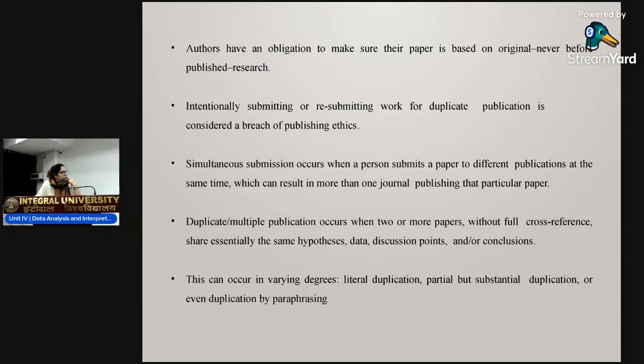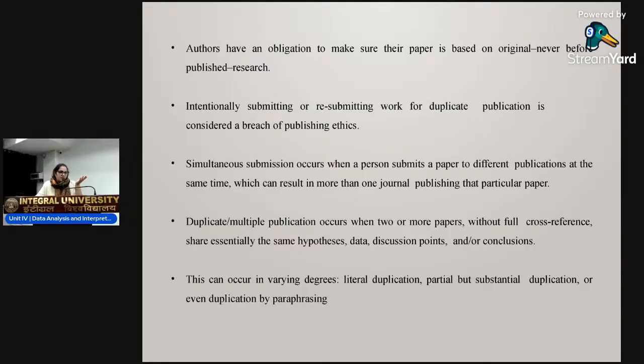Simultaneous submission occurs when a person submits a paper to different publications at the same time, which can result in more than one journal publishing that particular paper. It doesn't come to that because if somebody has submitted the paper simultaneously to two journals, after getting the review, you may withdraw it from one of the journals.